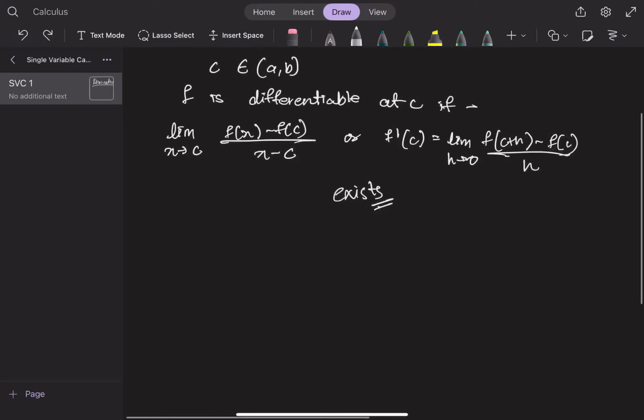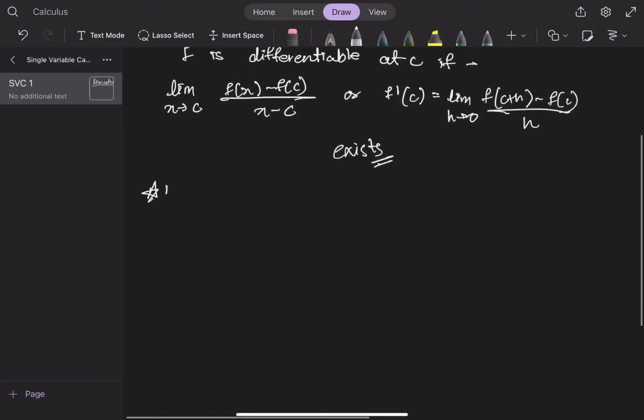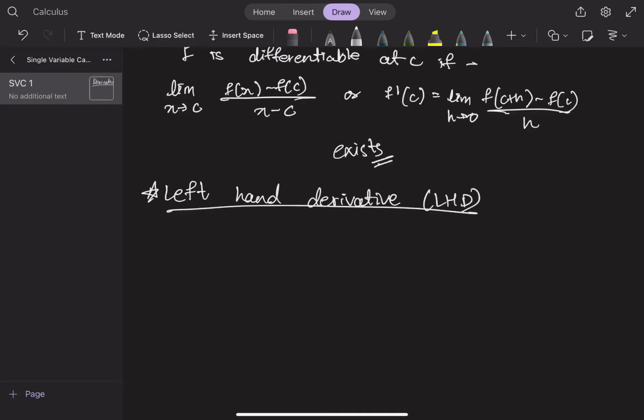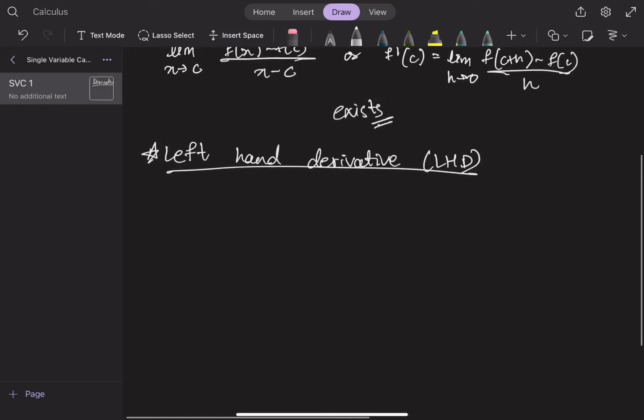Now let's talk about your left hand and right hand derivative. So left hand derivative, you can write this as LHD. Again, for a function a to b, here a and b are included, which is a real function, and c lies between a and b.